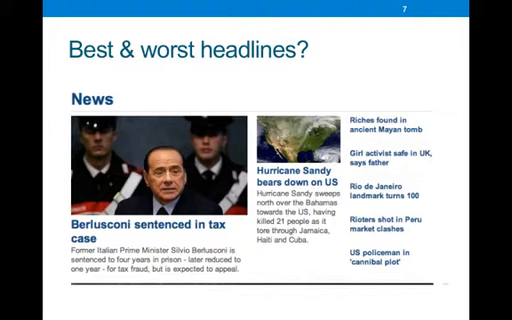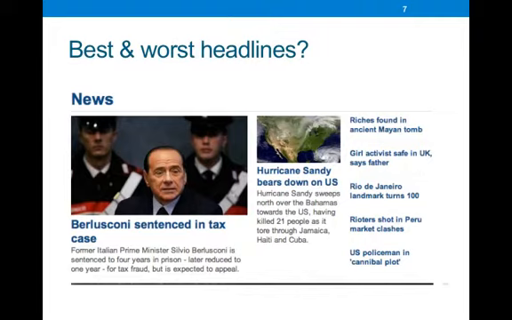To me, the worst headline is probably "girl activist safe in UK, says father." I don't really know enough about that story to know if I'm interested, so it may not be the best headline for people who don't already know part of the story.